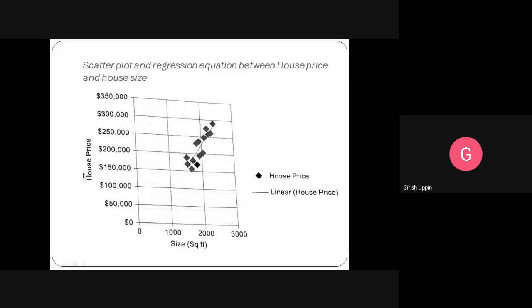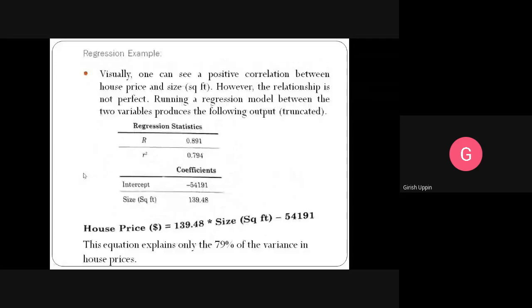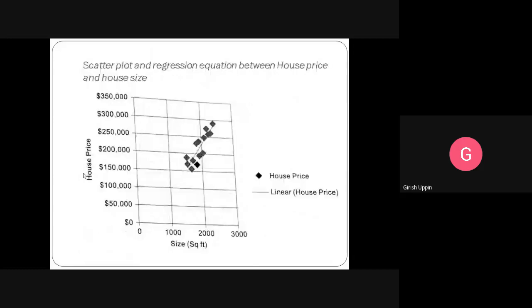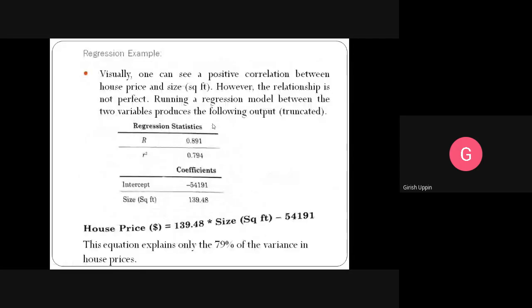Visually, one can see a positive correlation between the house price and the size in square feet. As the size is increasing, you can see the price is also increasing. However, the relationship is not perfect. Running a regression model between the two variables produces the following output.